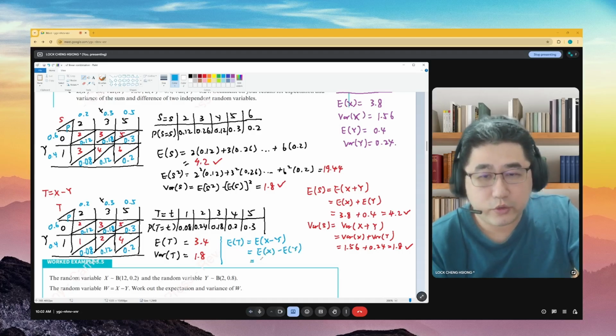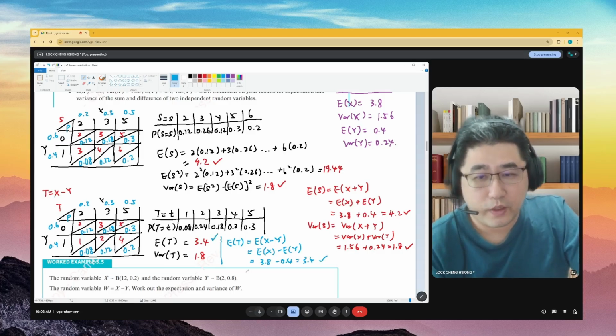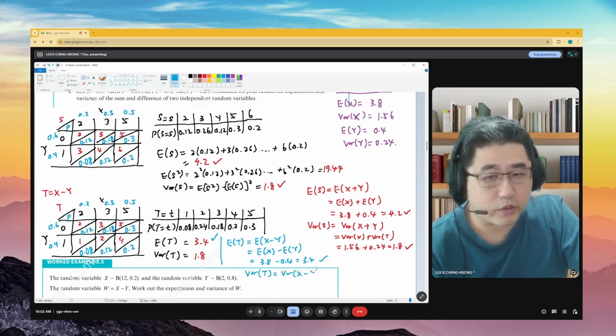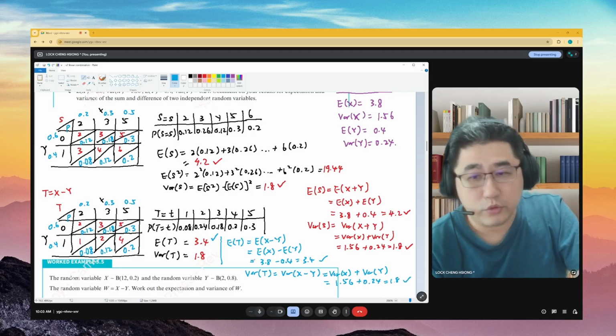That will give me 3.8 minus 0.4, which is 3.4, also consistent. And variance of t, which is variance of x minus y, according to the rule, is variance of x plus variance of y. That gives you 1.56 plus 0.24 equals 1.8, which is also consistent.